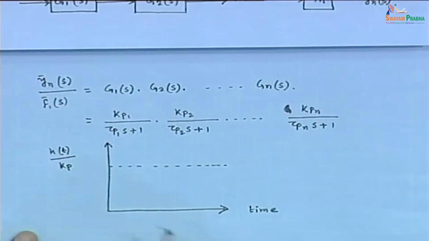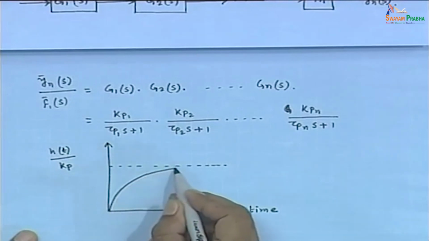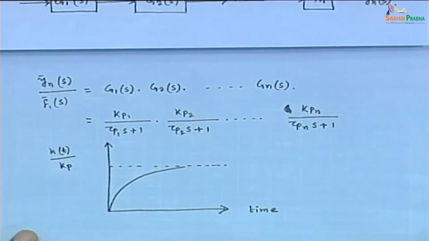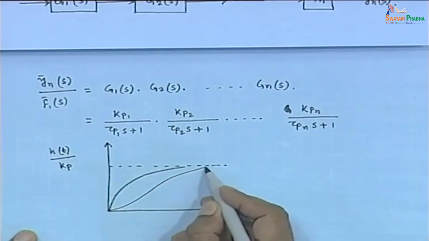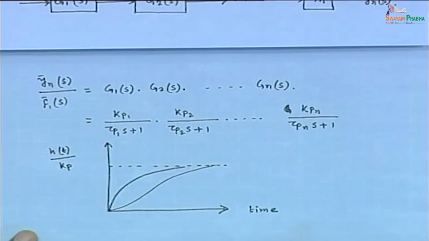So, for the first order system we get the dynamics like this. This is for the two non-interacting tanks in series.